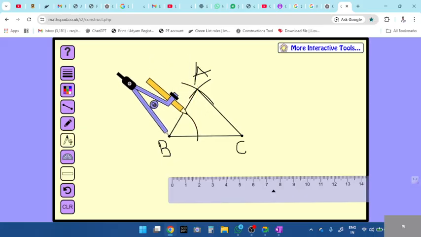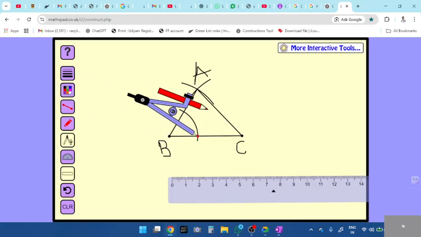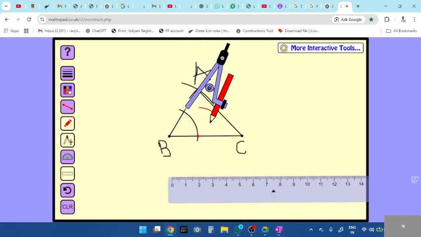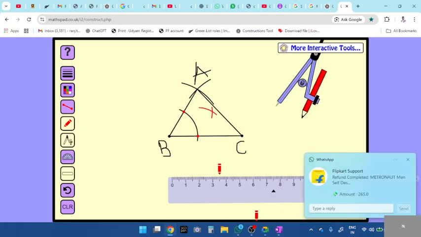It can be of any value, any random value like this. Then from here, cut another arc here like this. Because they've given B, I've targeted B, students. Cut an arc like this. This is known as angle bisector. This point is called angle bisector. Okay. Just join this line. Look, this blue line is the angle bisector.